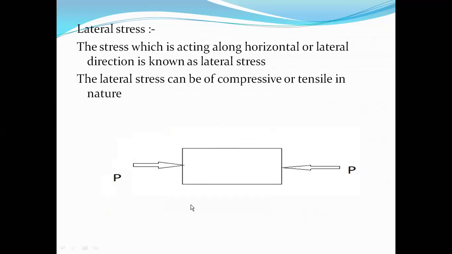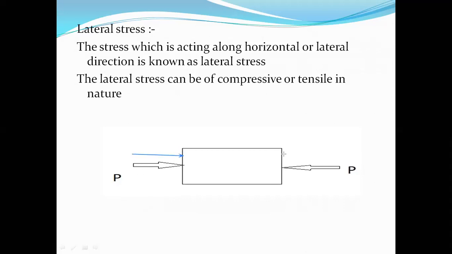Next one is what are lateral stresses? The stresses which are acting along the horizontal or lateral direction are known as lateral stresses. In the same way as we discussed earlier, they could be of compressive nature or tensile nature. So let's say the stresses are acting like this.